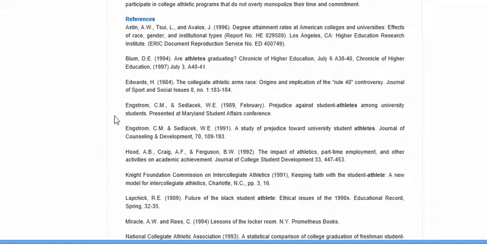It was Engstrom and Sedlacek, 1989, and Engstrom and Sedlacek in 1991, "Prejudice Against Student Athletes Among University Students," a study of prejudice towards university student athletes. Now, this first source I can't get. It was a conference, and it's not a major one that would have sources. But this one, the Journal of Counseling and Development, I bet I can get this one.